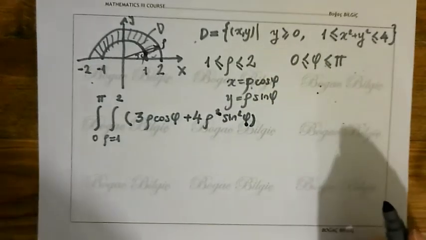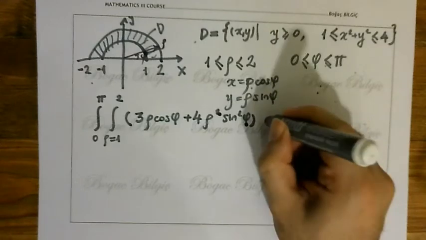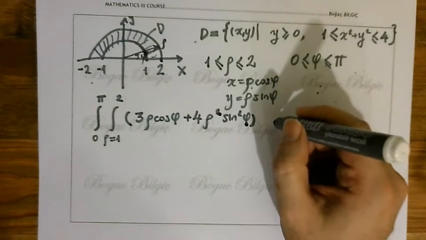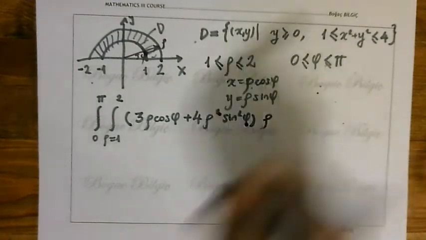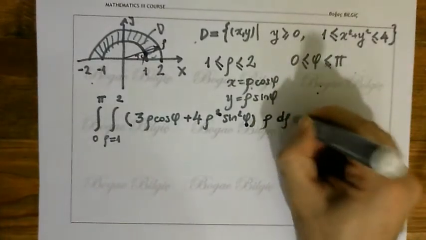And we remember the Jacobian. The Jacobian of polar coordinates is rho, and d rho d phi.